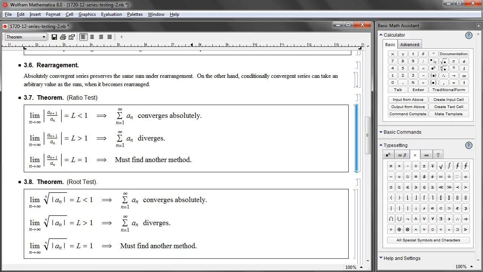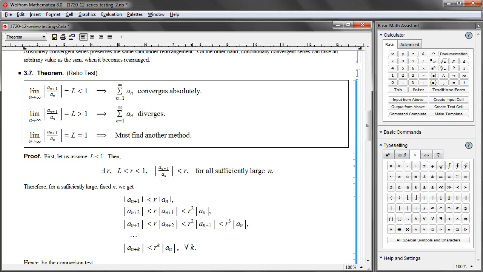Okay, how do we prove that? Well, let's suppose L is less than 1, which means we can find a certain R that is between L and 1. Because L is strictly less than 1, we can do that. If L is equal to 1, we can't. When L is equal to 1, we cannot find anything in between.